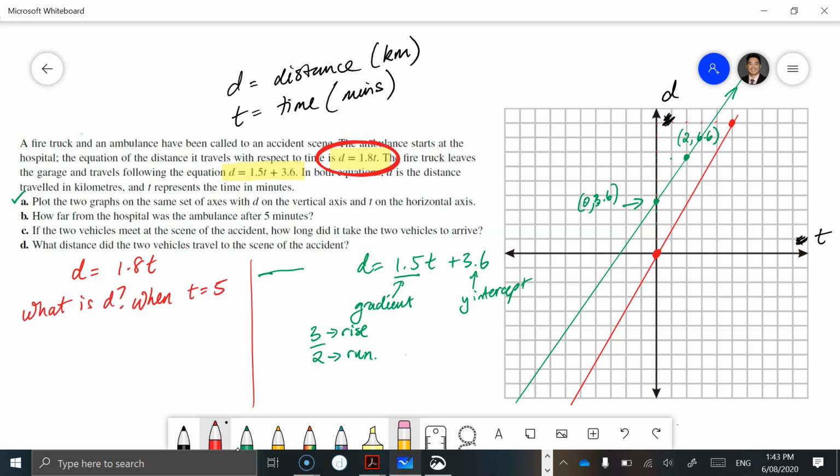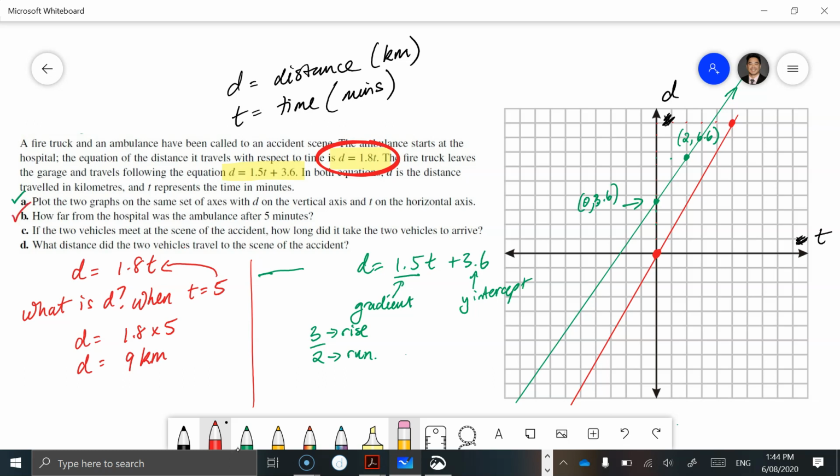Okay, so let's substitute 5 into T. And so we go distance is equal to 1.8 times 5. And we'll end up getting 5 times 1 is 5. 0.8 times 5 is 4. So we've got 9. So the distance is 9 kilometers.